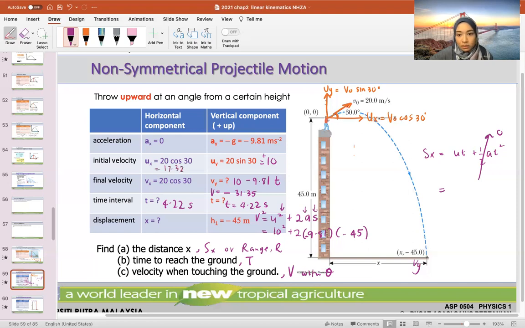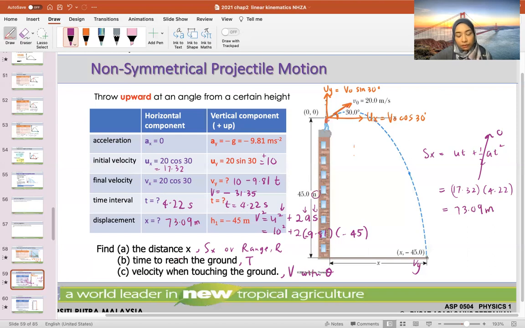This is also positive because it's going to the right. So 17.32 over here. The time, we just use back what we got from the y-axis, 4.22 seconds. So that would give me 73.09. The unit is in meters because the unit is in meter. So this becomes 73.09 meter.